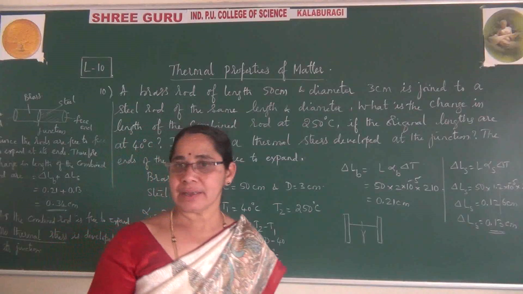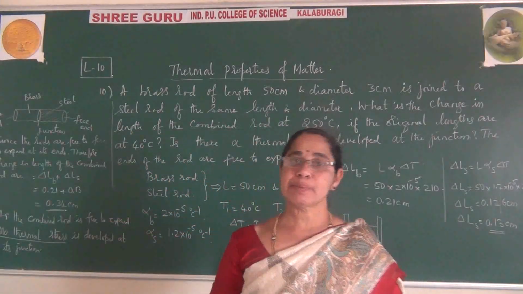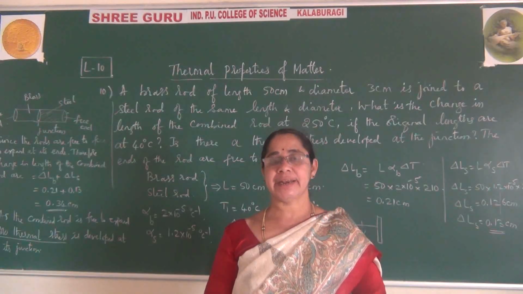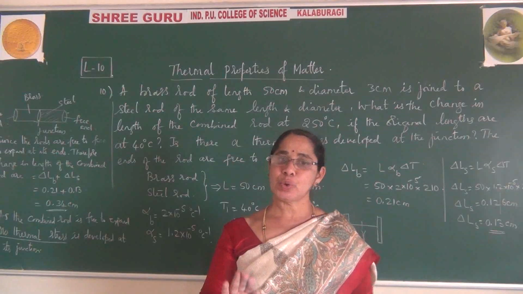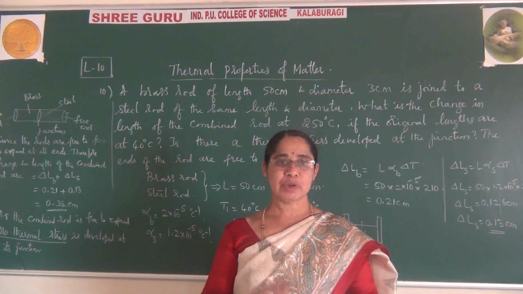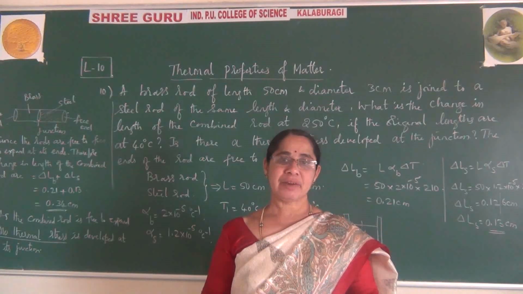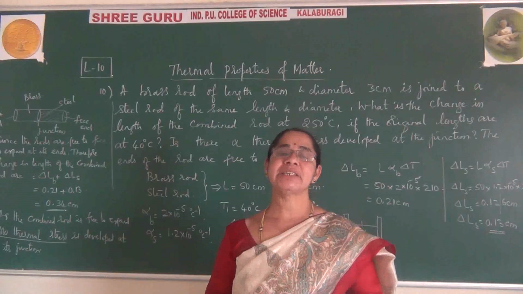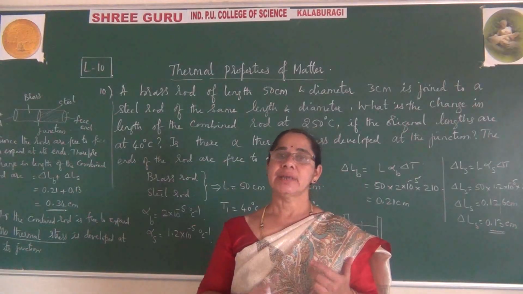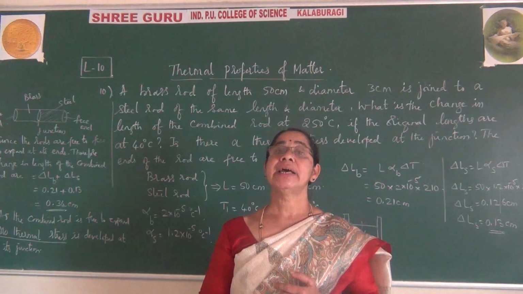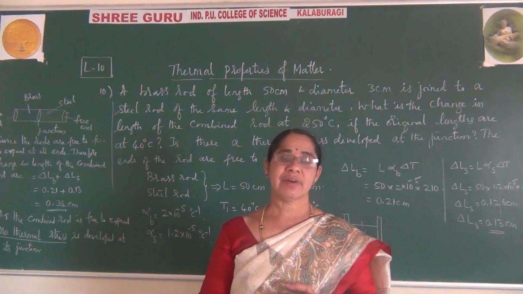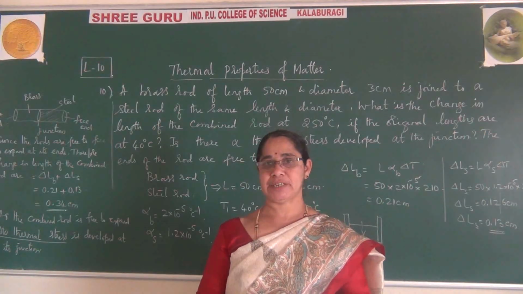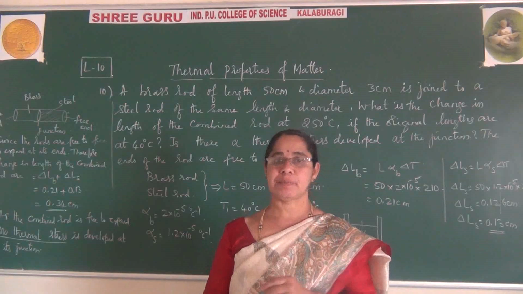Remember everyone, in the last class we learned the concept of expansion. As and when you heat a substance, expansion takes place. As and when you cool it, contraction takes place. This concept you are already familiar with. We have learned expansion in solids, where there are different types: one is linear expansion, the second is superficial expansion, and the third is cubical expansion, also called volume expansion.